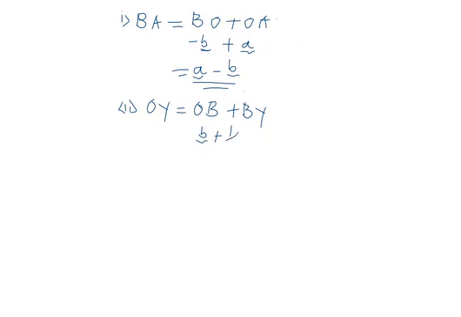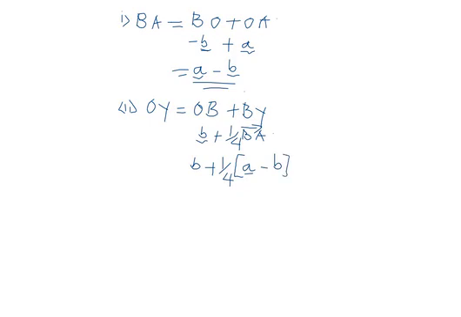So 1/4 of BA, and we already have BA in Roman 1 above, so we will have B plus 1/4, and then in the place of BA we replace with A minus B vector.